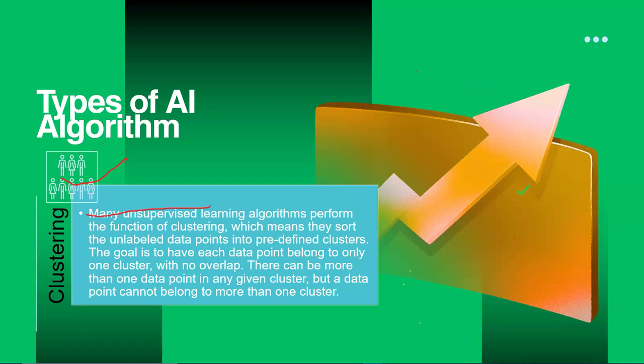You create these clusters because you do not have a labeled output. So you create these clusters based on closely related values, and then you figure out the features of these clusters.